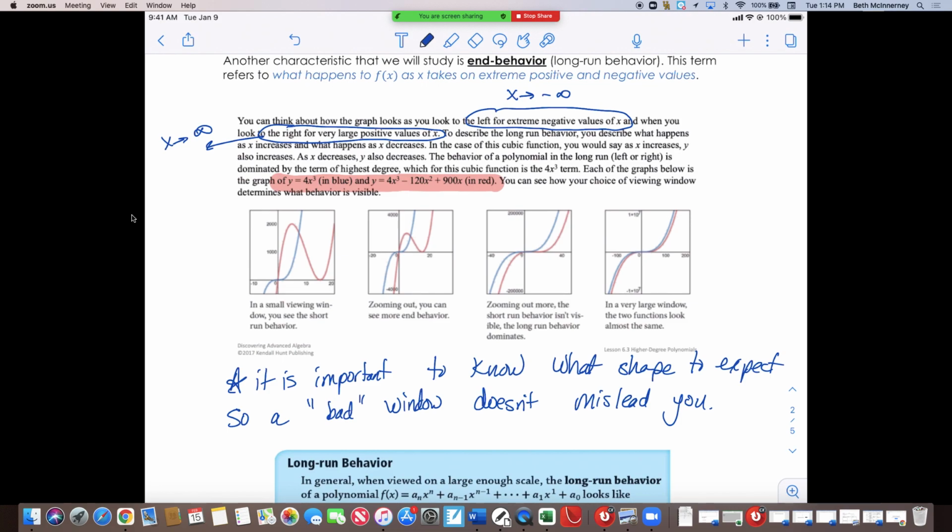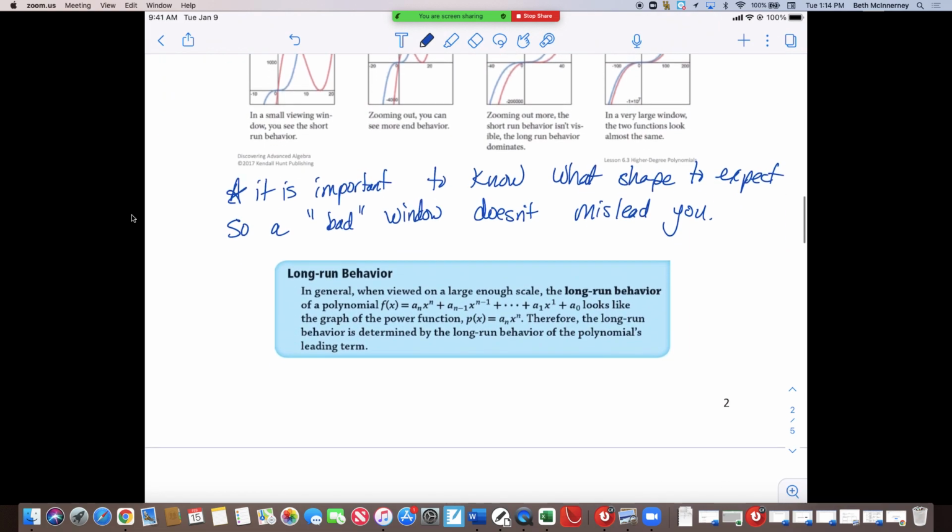It is important to know what the end behavior and the general shape of a graph should be, so that if you put it on the graphing calculator and you don't see that, you just have a bad window. And there is a button on the graphing calculator under menu, window, and you have to learn how to adjust that window.